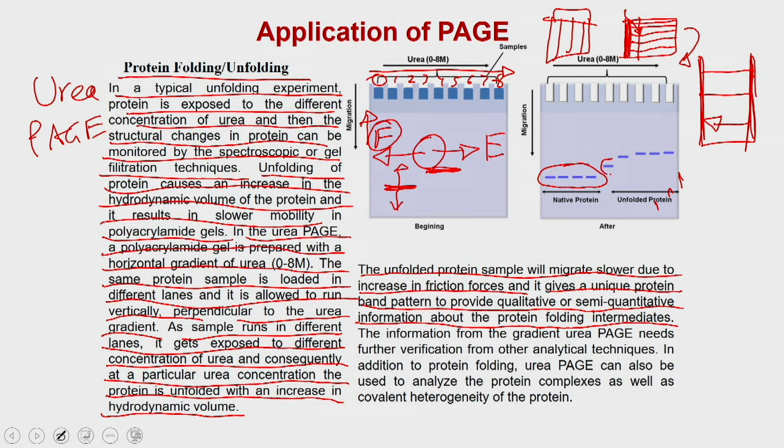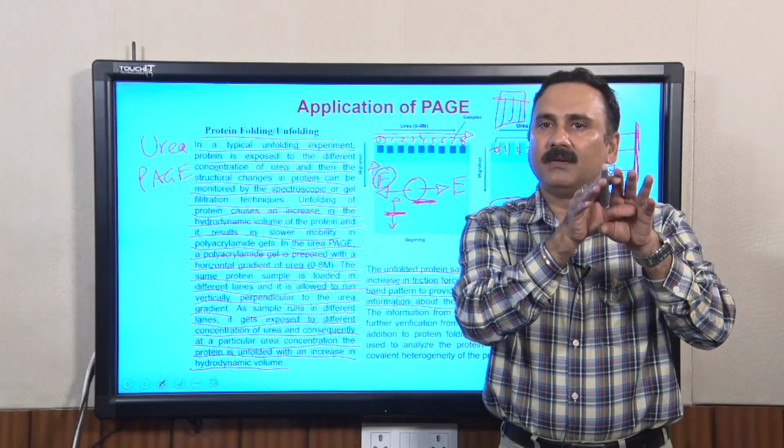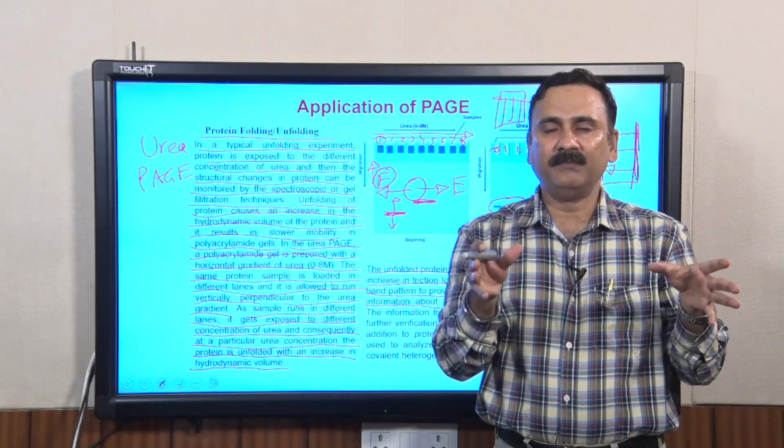So, what you see is that initially it was folded. This is like 0, 1, 2, 3, 4. When it reaches 4 molar urea, some portion of the protein got unfolded, and that is how it has created an increased hydrodynamic volume.